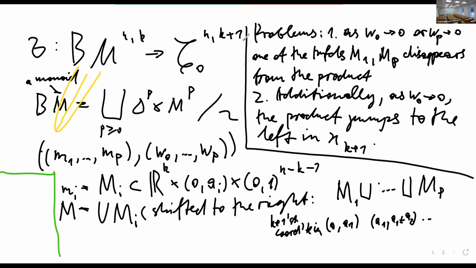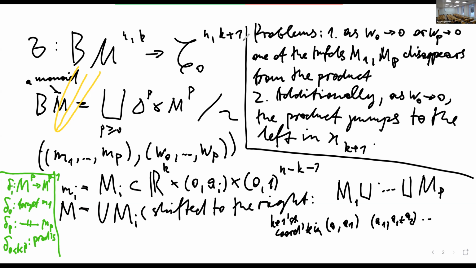So we have n+1 maps from MP to MP-1, and these are as follows.